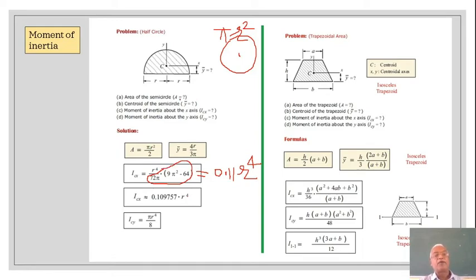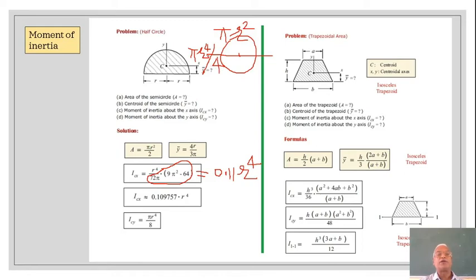Okay, now the moment of inertia about the vertical axis will be pi r raised to 4 by 8. It will be exactly half of the full circle. For the full circle, the moment of inertia about this axis will be equal to pi r raised to 4 divided by 4.